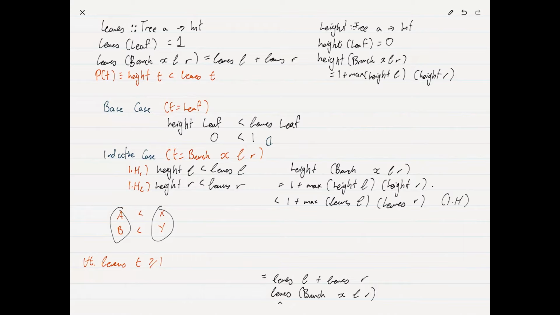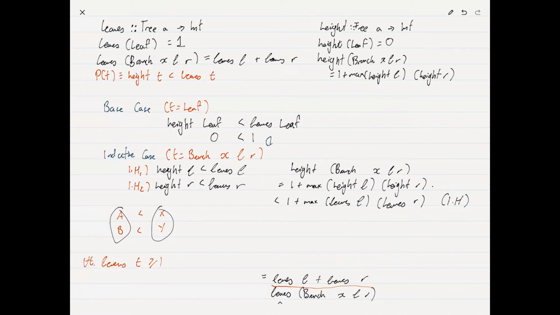That's a pretty straightforward proof to see. So because of that, the smallest the maximum of two leaves values could be is 1, because leaves of L could be 1, leaves of R could be 1, and therefore the maximum of those two would be 1. That's the smallest this could get. Whereas the smallest the sum could get, leaves of L could be 1, leaves of R could be 1, and then that would be 2.